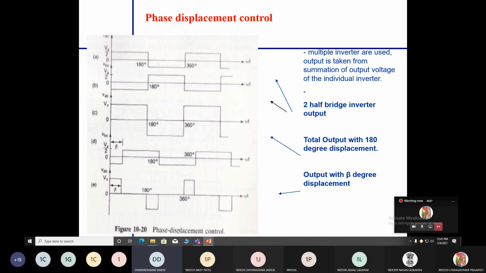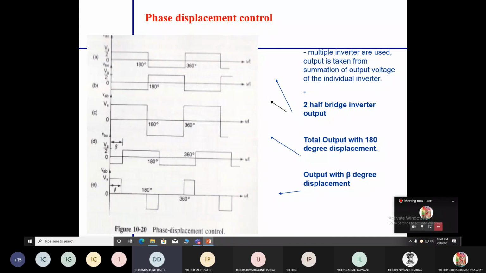Clear? But the first aim of all the PWM techniques is to control the magnitude of the output voltage of the inverter. In all these techniques, single pulse modulation, multiple pulse modulation, sinusoidal pulse width modulation, modified sinusoidal pulse width modulation, and this phase displacement control, all these 5 PWM techniques, we first change the magnitude of the output voltage, and then as a byproduct of that we get less harmonics.